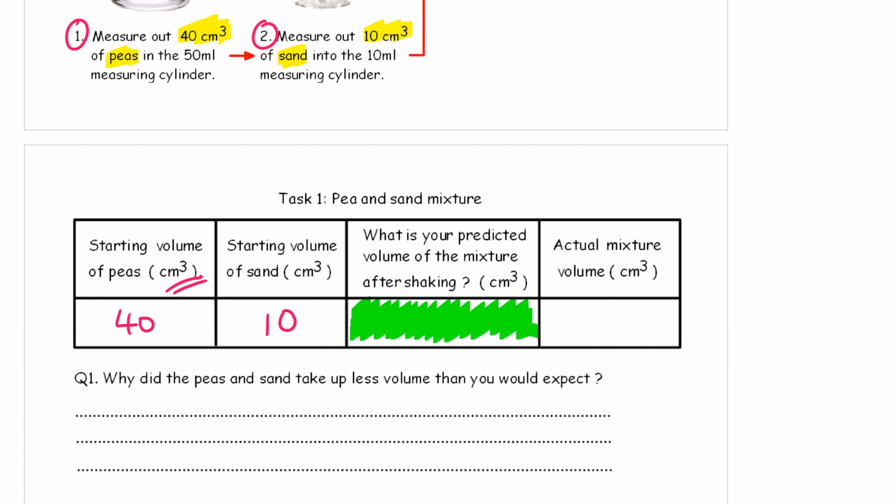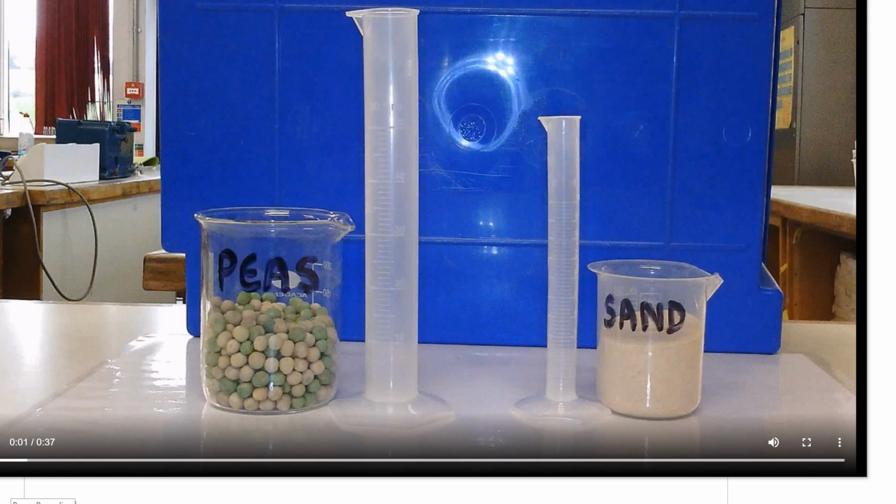Do you think it's going to be 50? Do you think it's going to be more than 50 centimeters cubed? Do you think it's going to be less than 50 centimeters cubed? You write in your value in here right now. Don't be afraid to get this wrong. Put in your prediction. Let us have a look at this video and see what happens.